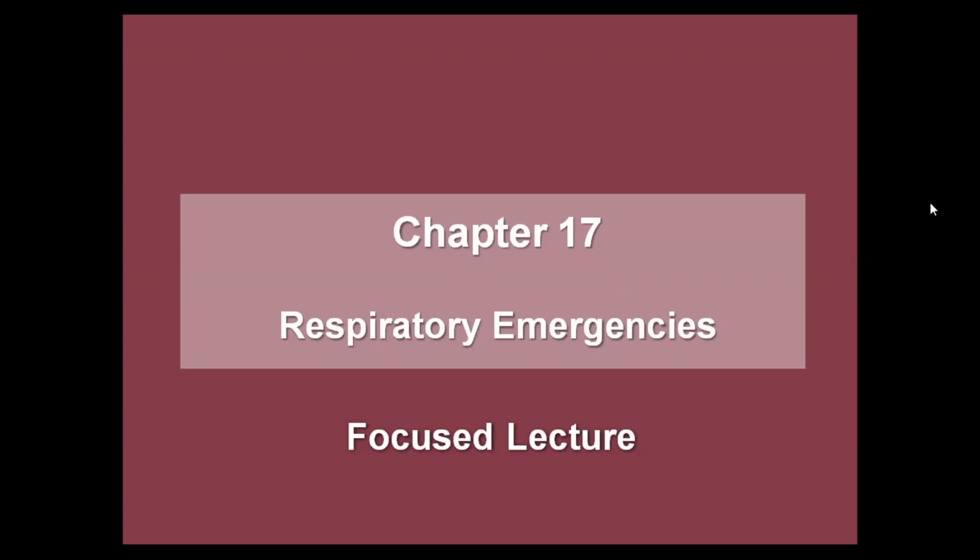So dyspnea causes. So atelectasis. You guys gone over what atelectasis is? So atelectasis, I got a blank for you there, and it refers to the collapse of a lung and/or alveoli.